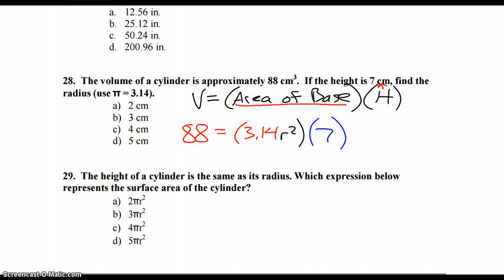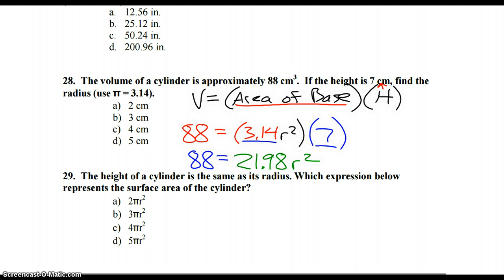Alright. So it turns out then, here's what I would do. I would reorder some stuff so that I have 88 equals, and I would do 3.14 times 7. I am going to use my calculator real quick to see what that comes out to. So 3.14 times 7 comes out to 21.98 times r to the second.